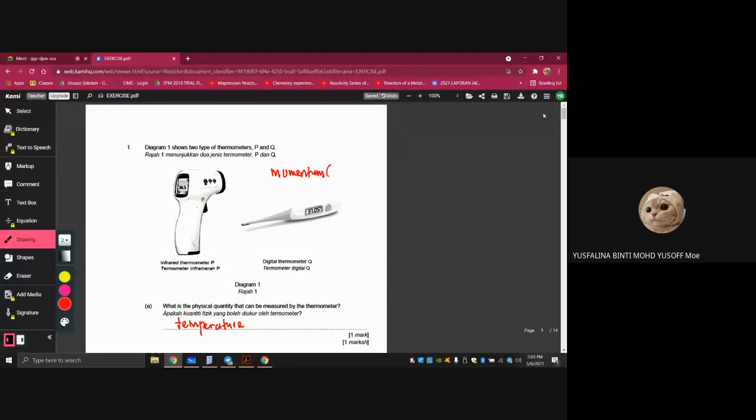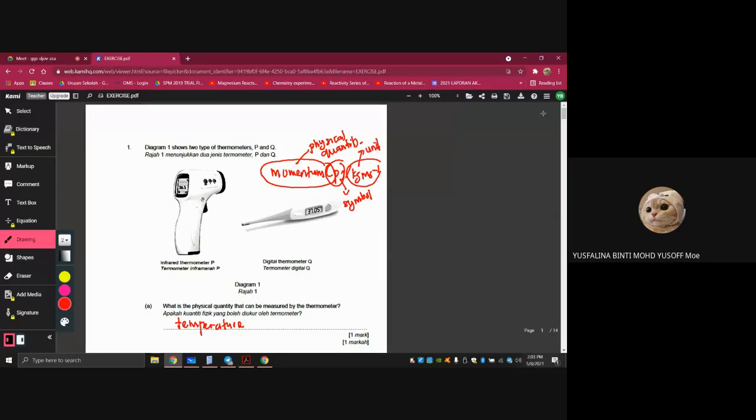The symbol of momentum is P, and the unit is kg m s^-1. This one we call a physical quantity. This P we call a symbol. And this one we call a unit.